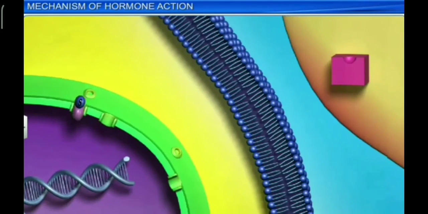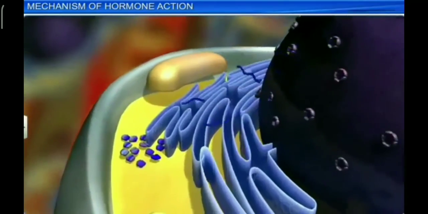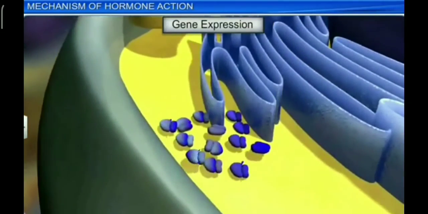Now in nucleus, the hormone receptor complex binds to a specific regulatory site of DNA. The activated genes transcribe mRNA, which directs protein synthesis and enzyme in the cytoplasm. Action of lipid-soluble hormone is slower but long-lasting.